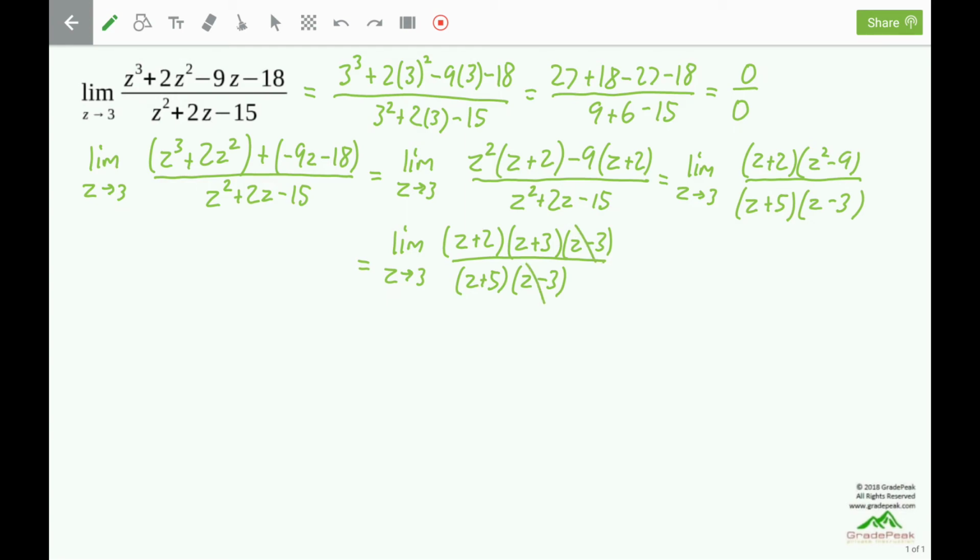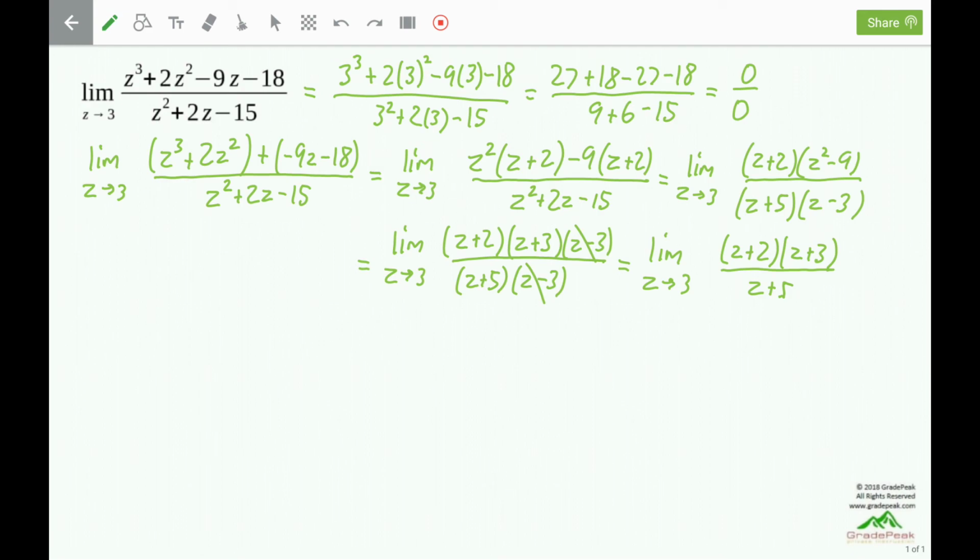We can now cancel those out, and we should no longer have the 0 over 0 indeterminate form occurring. So we have z plus 2 times z plus 3 over z plus 5.